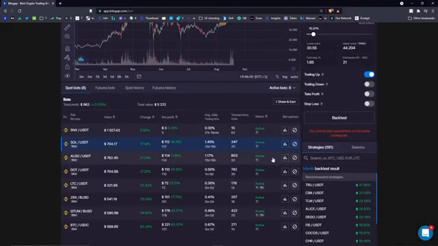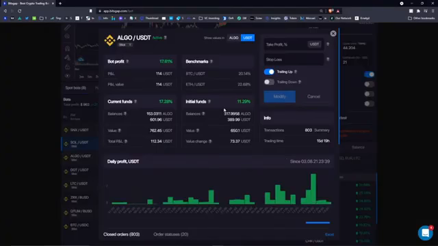For example, if you look at Algo, in my case, my bot strategy made me more money, 112 compared with $73. So that's the thing, like you can pair the results of your initial funds and what would be the outcome if you would just hodl that amount of Algo and that amount of USDT in your portfolio, and what would be the return if you launch the bot with these settings.